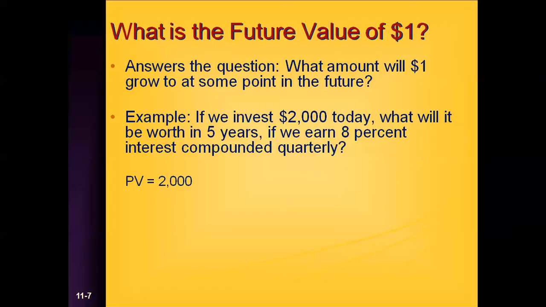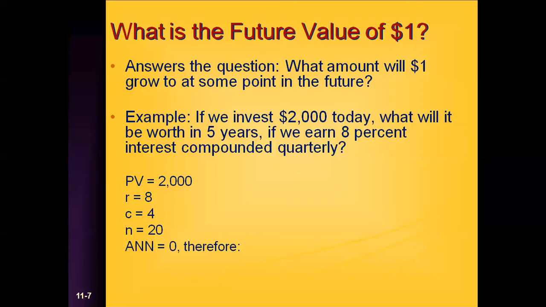Well, your present value is $2,000. Your rate is 8%. You're going to compound 4 times a year, or quarterly. The number of periods you're going to compound is going to be 20, 5 years times 4 periods per year.